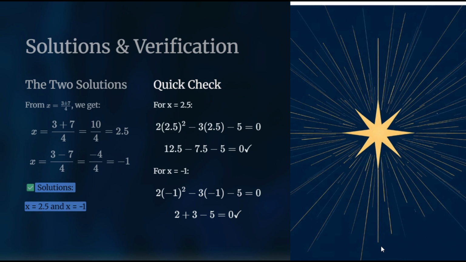And similarly, for the second solution, x equals negative 1, if we plug it into our original equation, 2 times negative 1 squared minus 3 times negative 1 minus 5, is that equal to 0? Yes, it also equals 0. Therefore, we know that our solutions are correct.